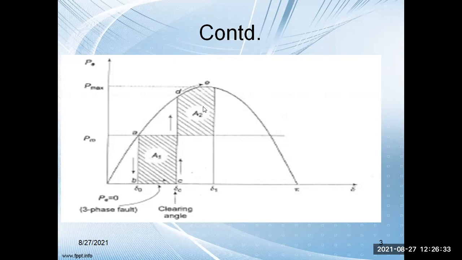After this, when it starts decelerating, about this point delta C, the rotor will continuously oscillate. After some time it will settle back and reach the steady state condition at delta equal to delta C.